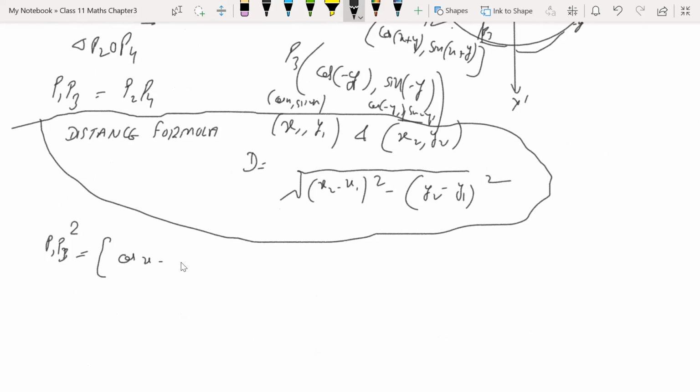It becomes (cos x minus cos minus y) whole square plus (sin x minus sin minus y) whole square.